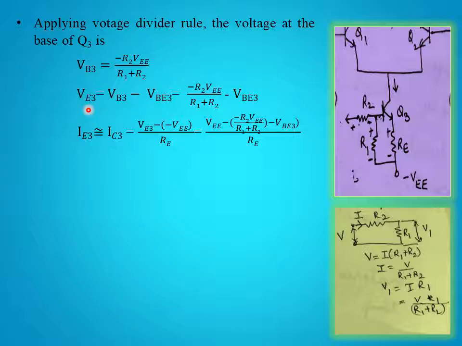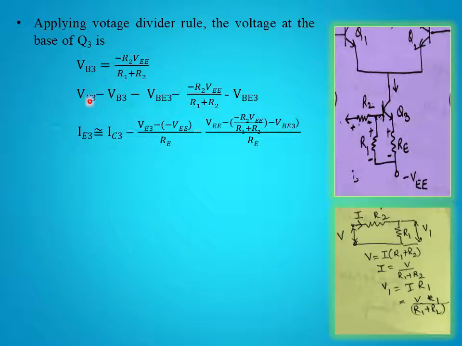Now we will calculate VE3. VE3 will be somewhere here. VE3 is the potential at the emitter end. We have the potential at the base end, that is VB3, and the potential difference between the two is depicted by VBE3.